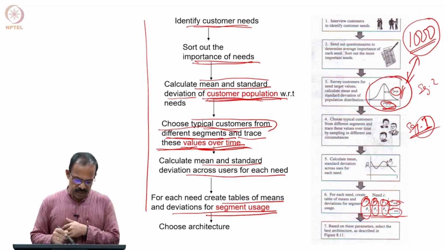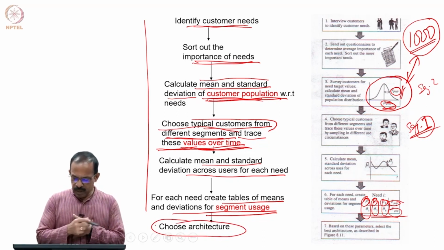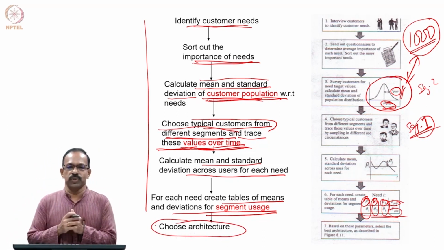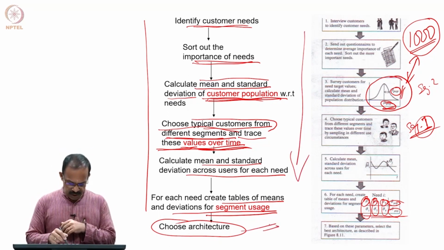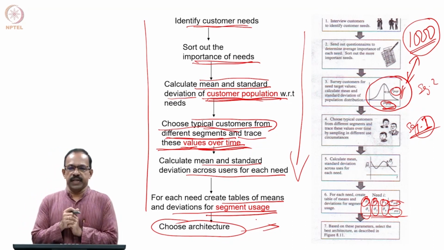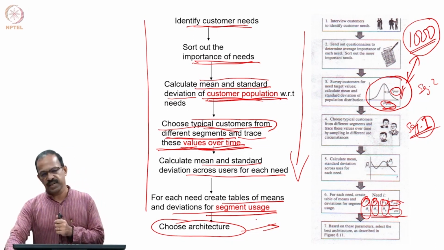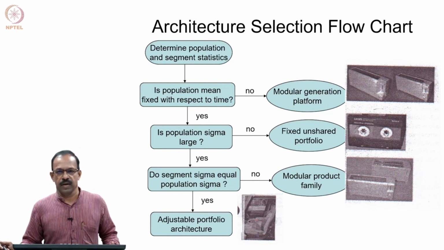So, with all this information we can actually choose an architecture, and again we use an algorithm to do that. So, this is the flow chart of selection. Here we use a very simple algorithm to choose the architecture. Once you have all this information, we go to this algorithm and try to see how to select the portfolio architecture.